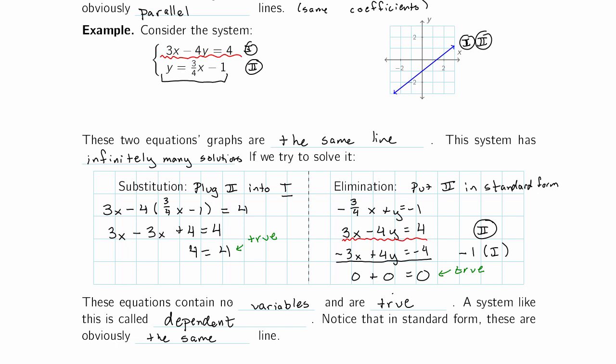Those are obviously the same equation. And again, being able to recognize that those are the same equation, well, for one thing, that's why we defined standard form the way that we did. But for another, it's going to make our lives a lot easier. Because once we see we have the same equation, we know that we have a dependent system, and we can stop doing algebra.